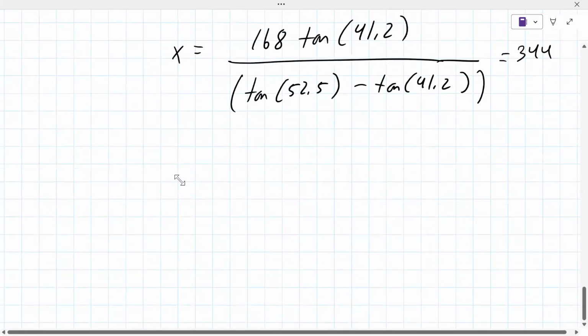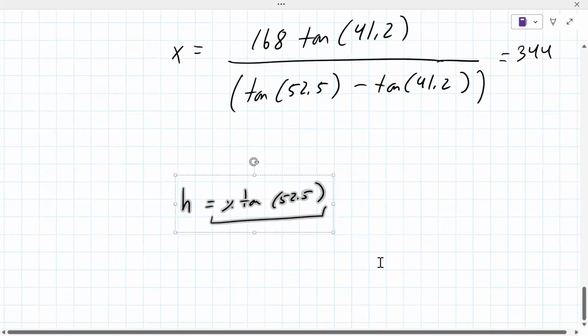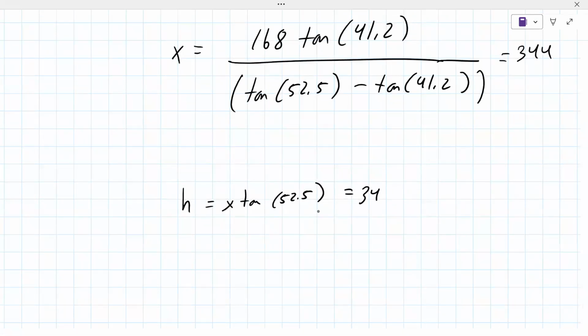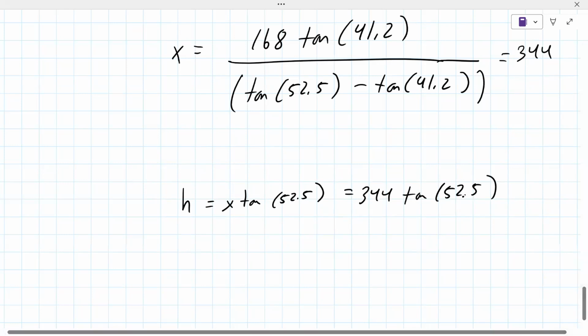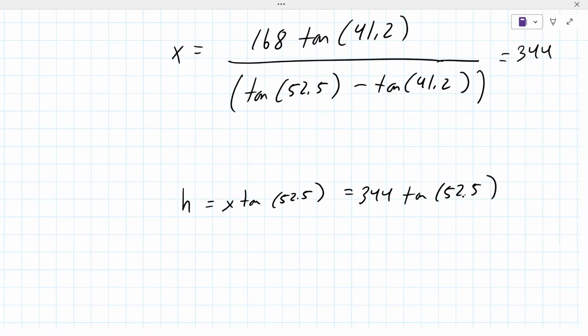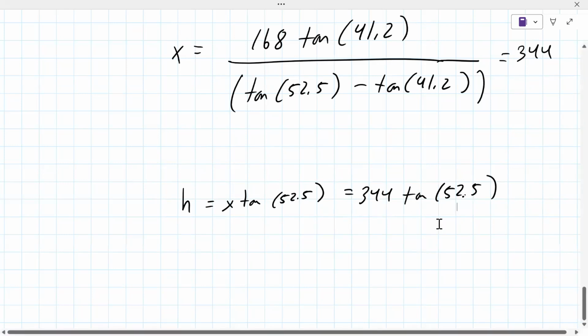So just be aware that you may not be totally done when you get your answer. Because these are physical problems, sometimes you don't know if the answer makes sense, since you don't really know what the physical situation is. So you have to do that last part to get the height.